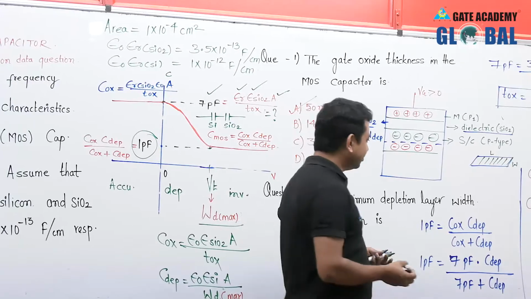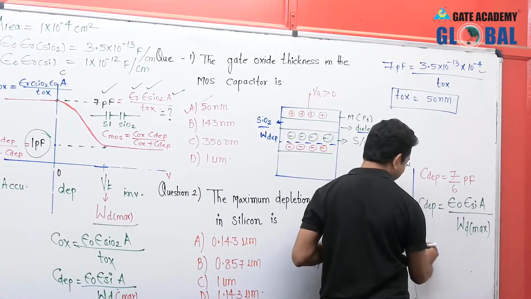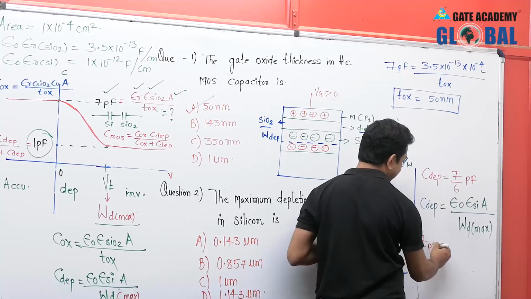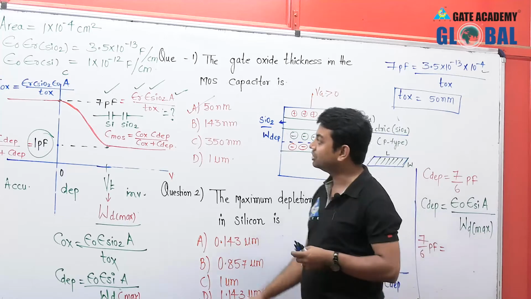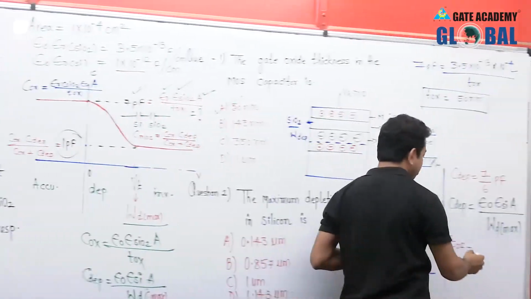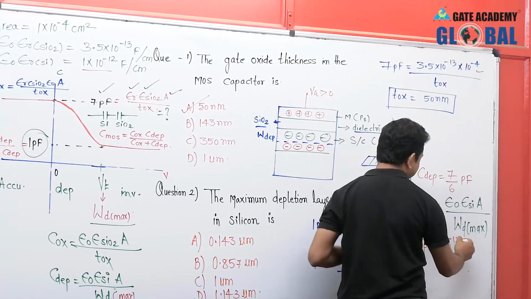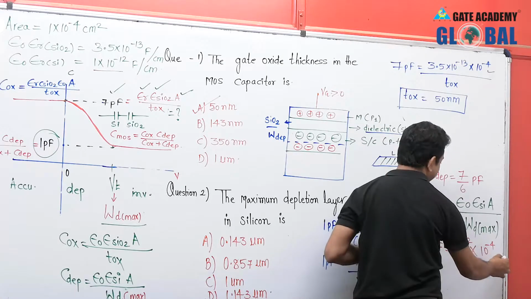So after putting the values here, C depletion is equal to 7 by 6 picofarad, and this will be epsilon naught epsilon of silicon, which is given here, that is 1 into 10 to the power minus 12. So I will write this as 10 to the power of minus 12 only, and area of cross section, that is 10 to the power of minus 4.